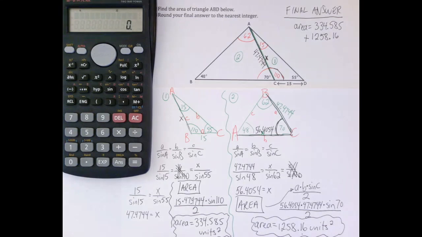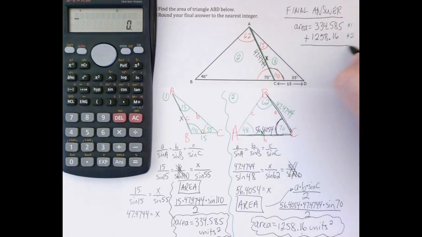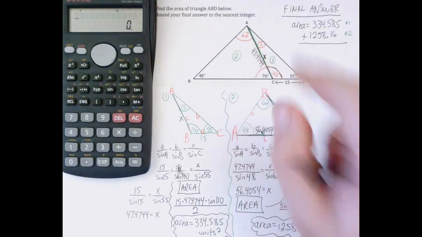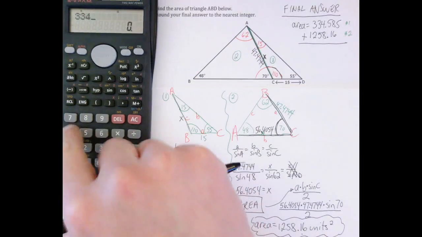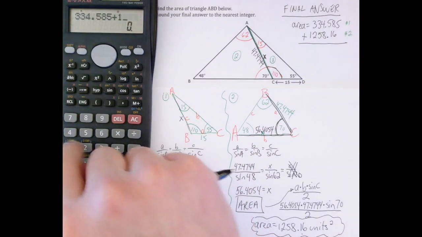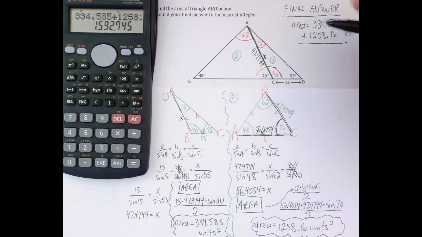Remember, this was for triangle number 1. This is for triangle number 2. That gives me a grand total area for the whole big triangle ABD, that's 1 and 2 combined, of 334.585 plus 1,258.16.